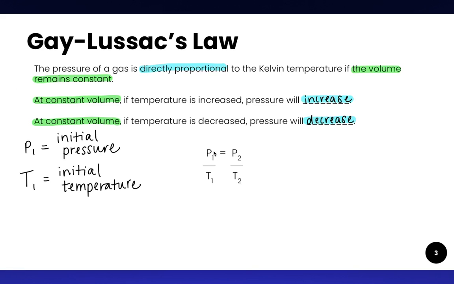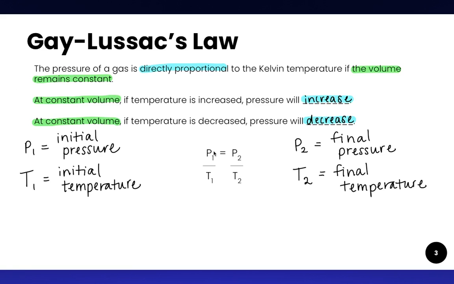Then after the gas undergoes a change, P2 is equal to the final pressure. And T2 is equal to the final temperature. Now remember that these two temperatures are going to be measured in Kelvin.